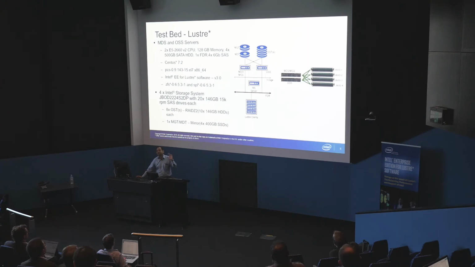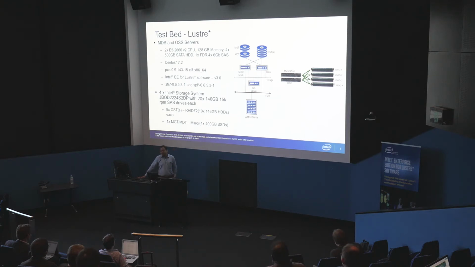We had 2 different categories of Z pools. We used the MDT and MGT in mirror stripe mode. We used only 4 SSDs for the MDT and MGT, and we used about 88 SAS drives in 8 different RAID-Z pools with dual parity. So we had about 8 different OSDs on the Lustre side of it.